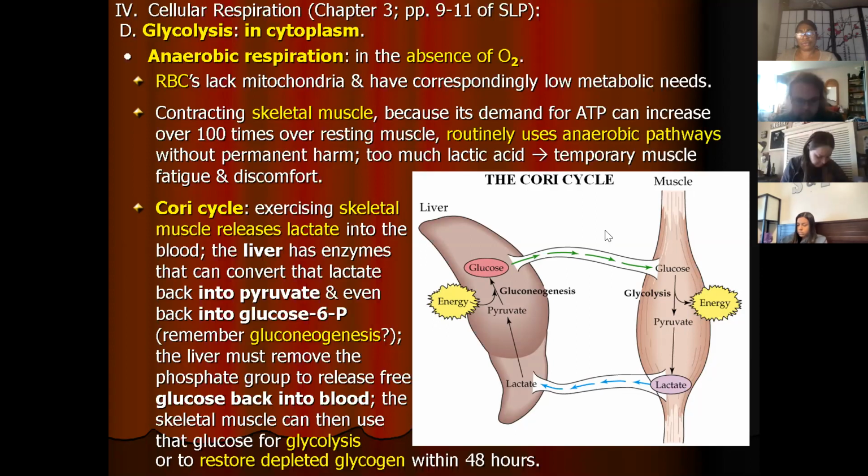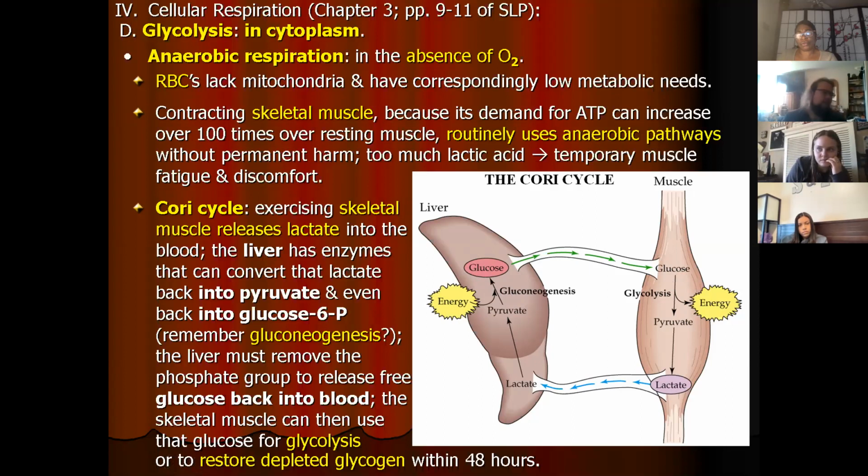All right, so what it does is it releases free glucose into the blood. That's what's traveling through your blood. It was actually phosphorylated glucose from this energy, but it takes off that last phosphate group and spits out free glucose. It goes into the muscle where it has to be phosphorylated again to do glycolysis.